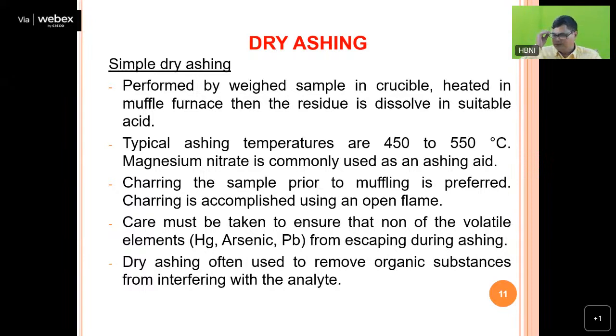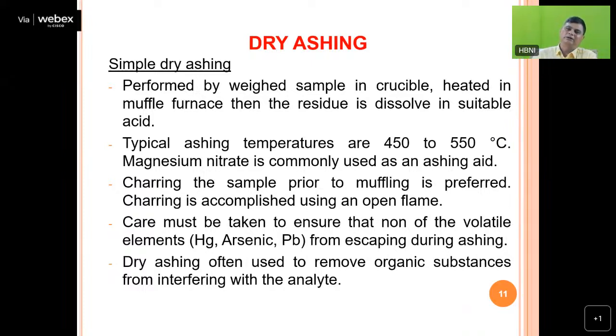And generally, why does one have to do this ashing, whether wet ashing or dry ashing? Because it is not possible to do a complete inorganic analysis in the presence of organic substances. Once you put acid in, some gelatinous precipitate will form, and your whole analyte will get absorbed into it.